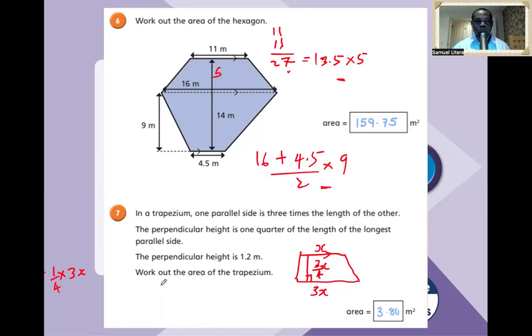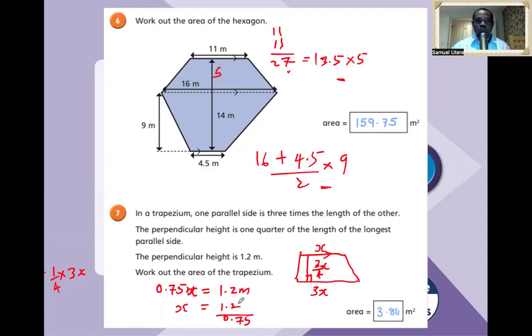So we know 3/4 is 0.75. So 0.75 x is equal to 1.2 meters. So to get x, we need to do 1.2 divided by 0.75.